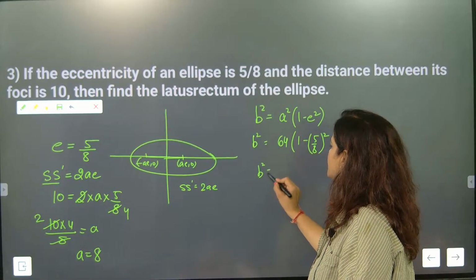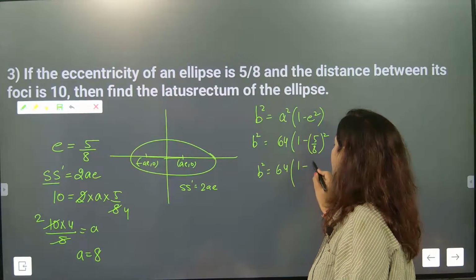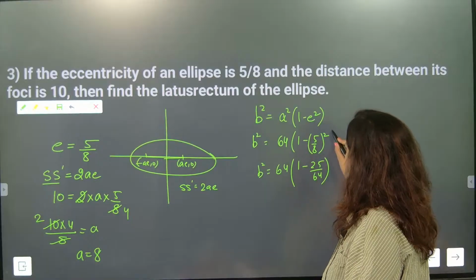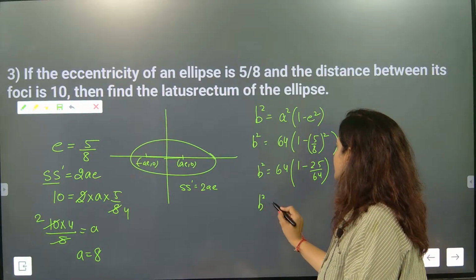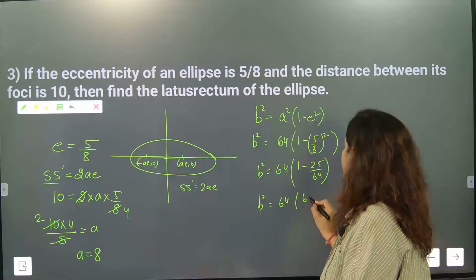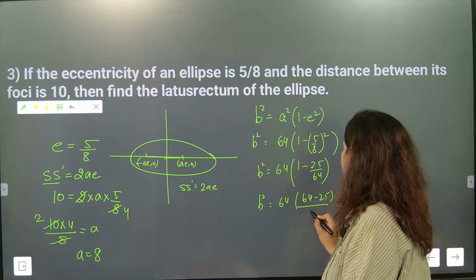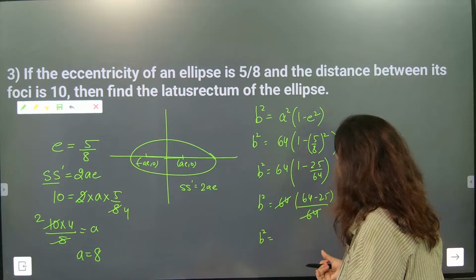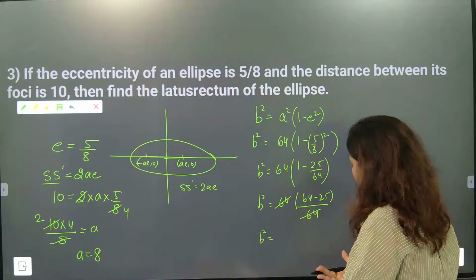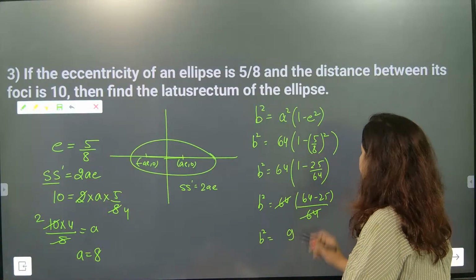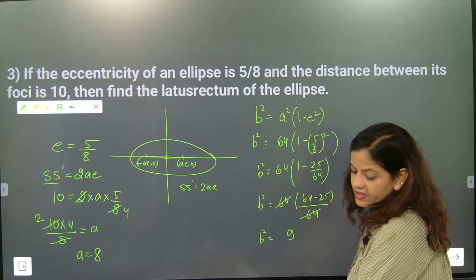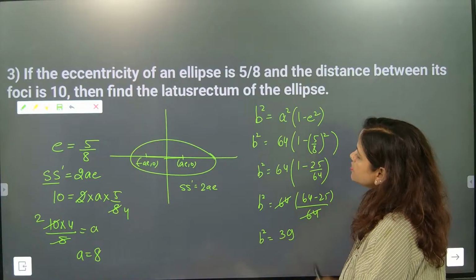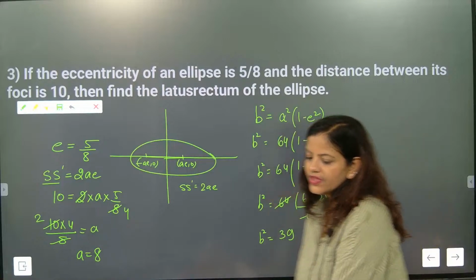So b square is equal to 64 into 1 minus 25 by 64. This 64 and this 64 get cancelled. So b square is equal to 64 minus 25, that is 39. So b square is 39.